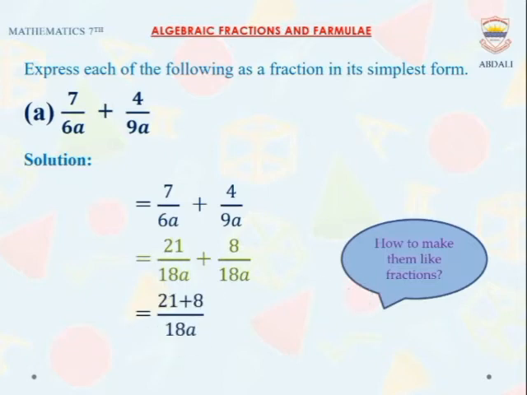We will write the denominator one time, and in the numerator we will add the values, 21 plus 8, which becomes 29 by 18a. We cannot solve it further as none of the values is divisible by the other, so it is our simplified answer.